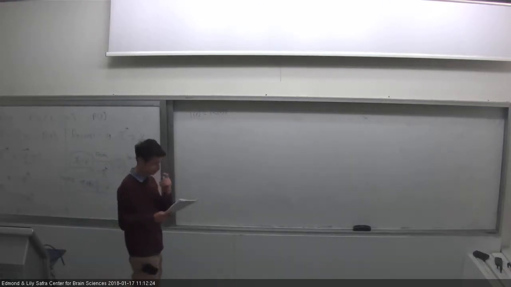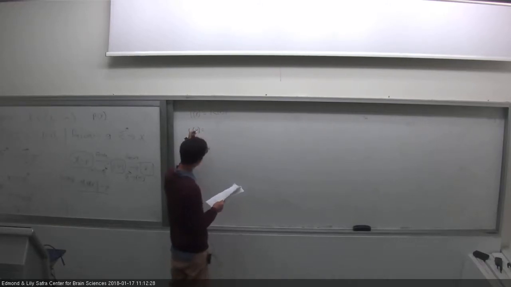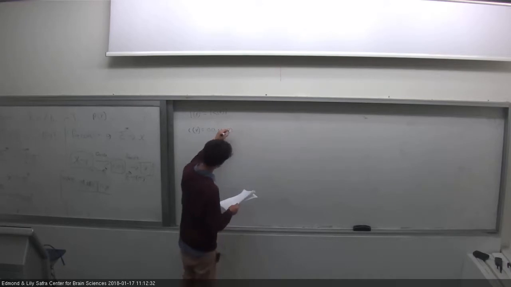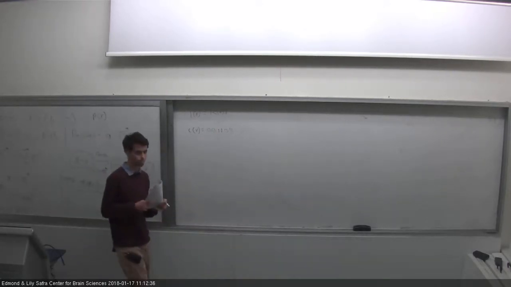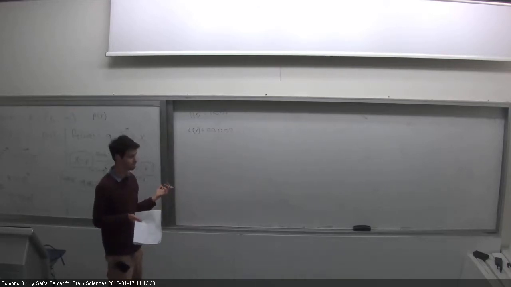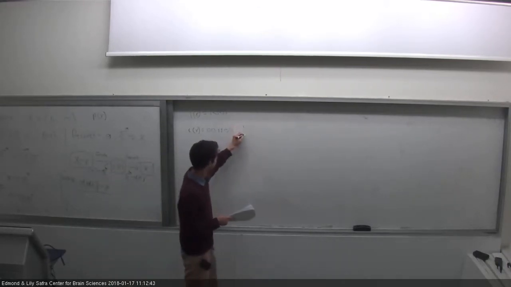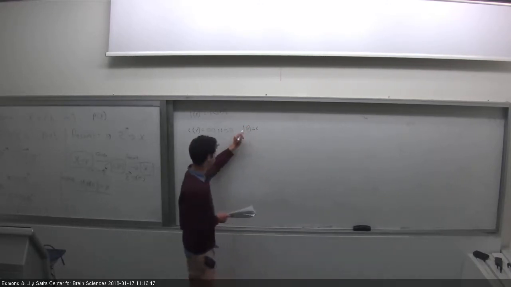So for example, if C of X is equal to 0, 0, 1, 1, 0, 0, what is L of X? 6, right. So L of X is equal to 6. Okay?